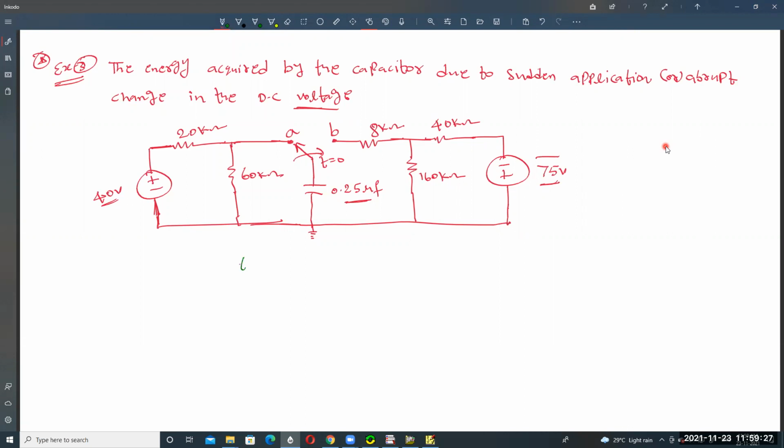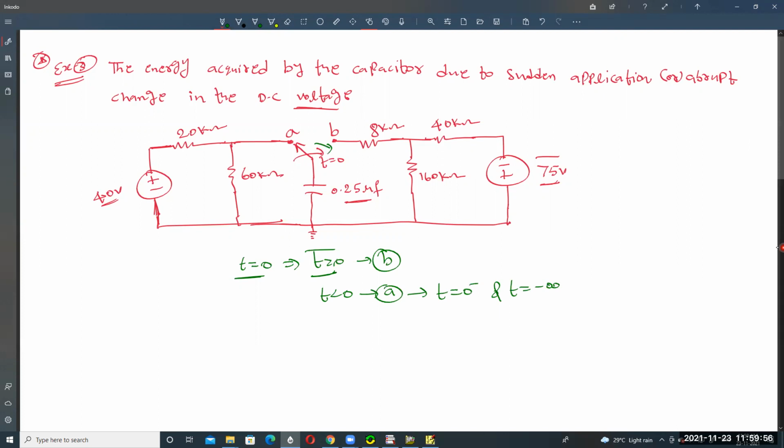At t is equal to 0, the switch is moving like this. That means at t greater than 0, the switch is in position B, and at t less than 0, the switch is in position A. So at t is equal to 0 minus, and at t is equal to minus infinity also, the switch is in position A only.